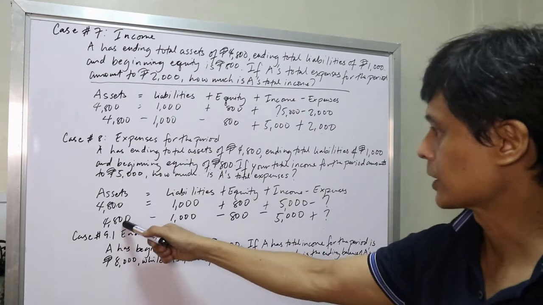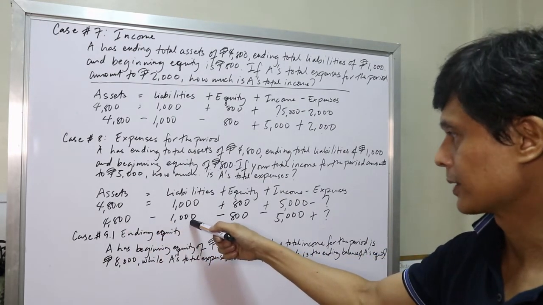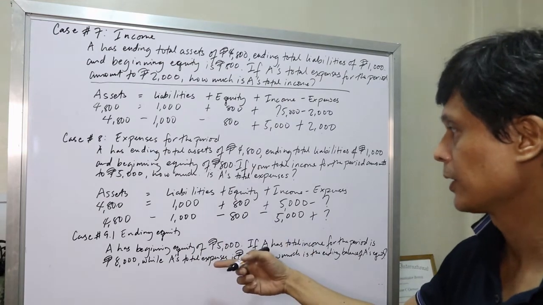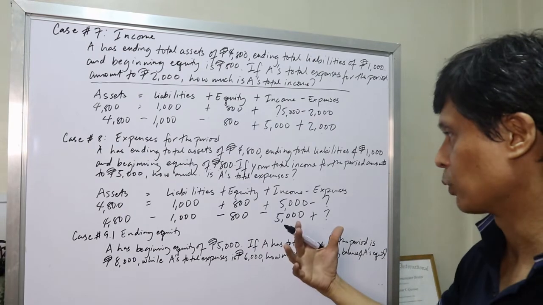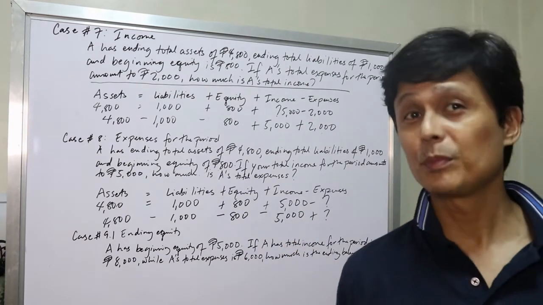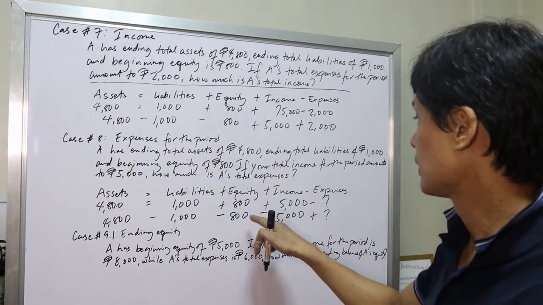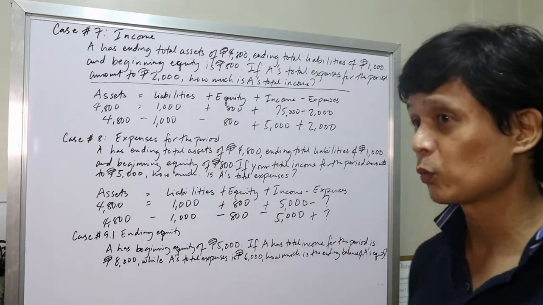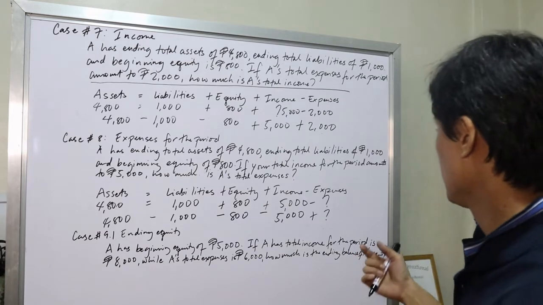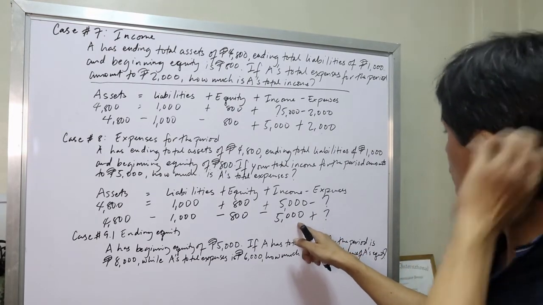So, 4,800 minus 1,000, that would be 3,800. Minus this one, 800, so that would be 3,000. Minus 5,000, so that's 3,000 minus 5,000, that would be negative 2,000, no? Negative 2,000.